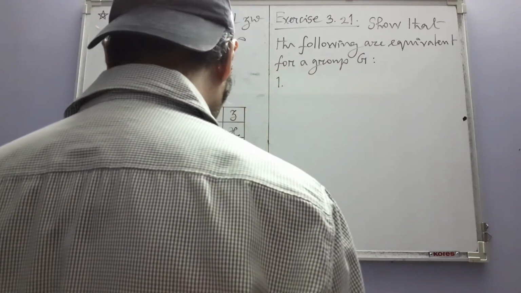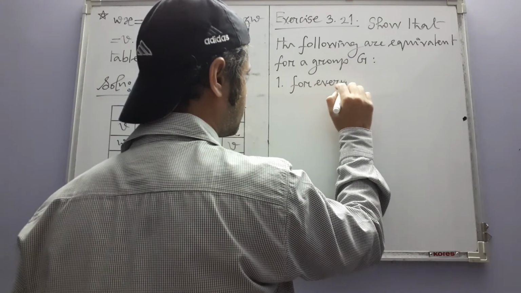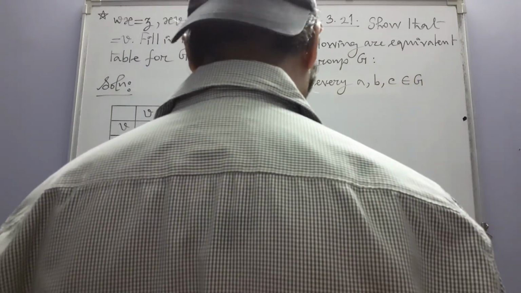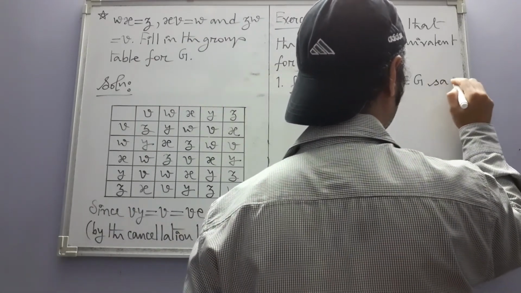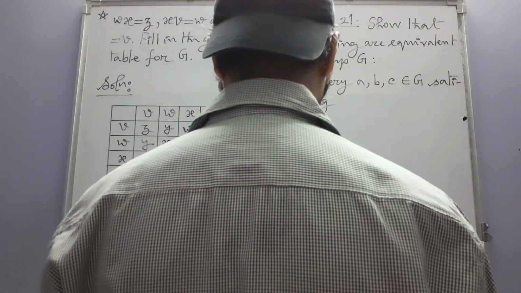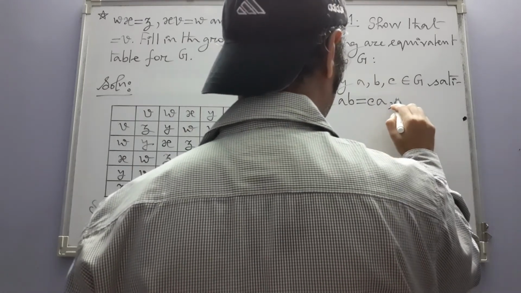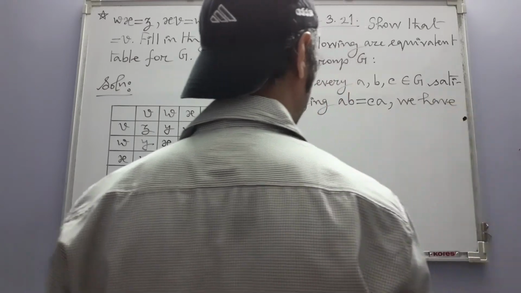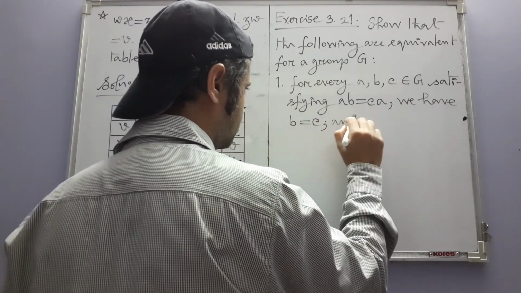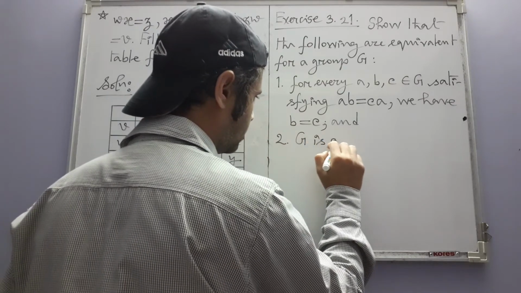The first one is this: for every elements A, B and C in G satisfying this equation, AB equal to CA, we have B equal to C. And number 2, the second statement is this: G is abelian.